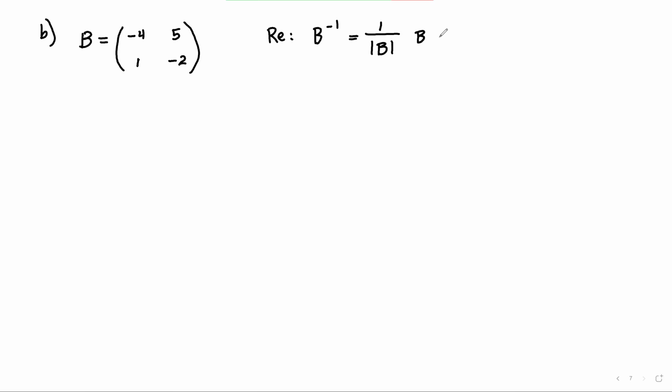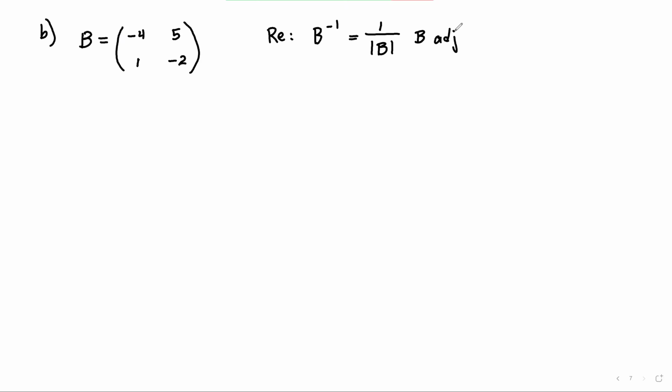Let's say I wanted to find the inverse of B, where the matrix B is given as negative 4, 5, 1, negative 2. I'm going to write over this 5. It kind of looks weird. Right. So recall that the inverse of B is equal to 1 over the determinant of B times B adjoint.